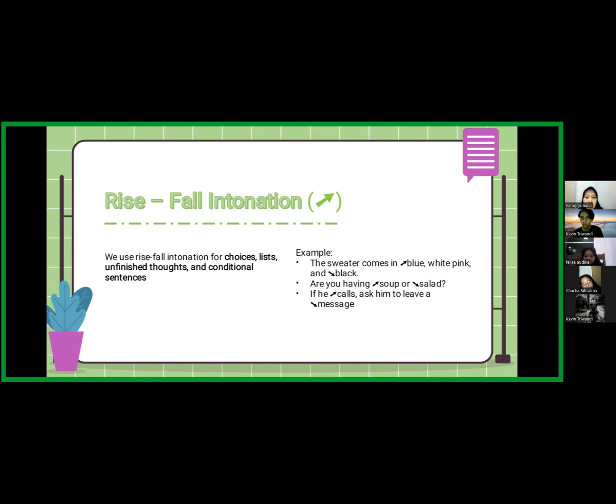And WH questions request information, for example, questions beginning with who, what, why, where, when, which, and how.